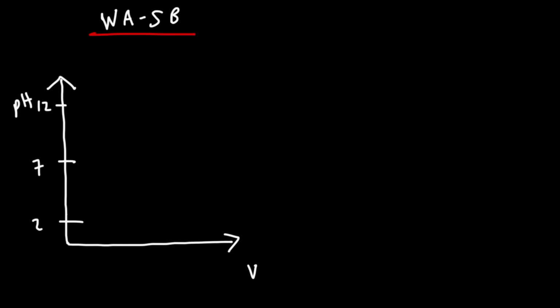So let's start with a value that's slightly above 2. So the pH is going to increase, and then it's going to become somewhat vertical, and then it's going to taper off again. So it's somewhat similar to the strong acid, strong base titration, but it varies. And the variation has to do with the Ka of the acid. Now, for a weak acid, strong base titration, the equivalence point is above 7.